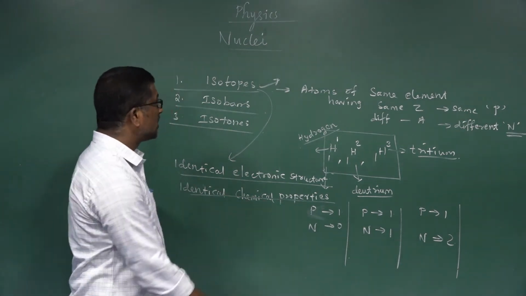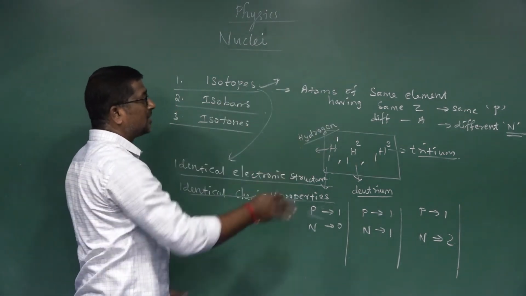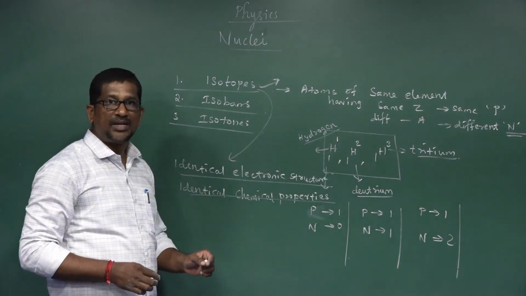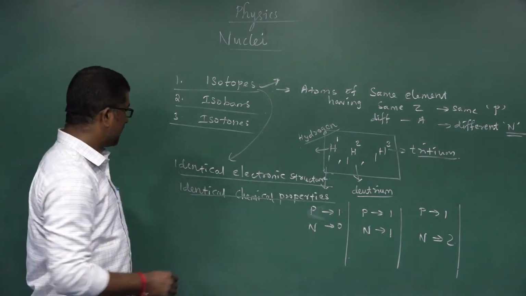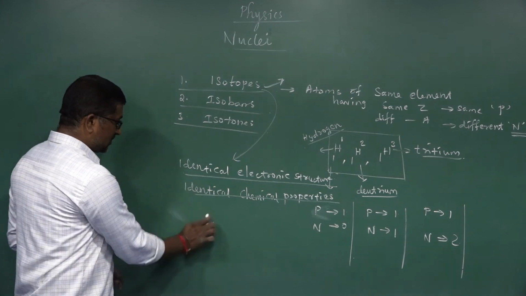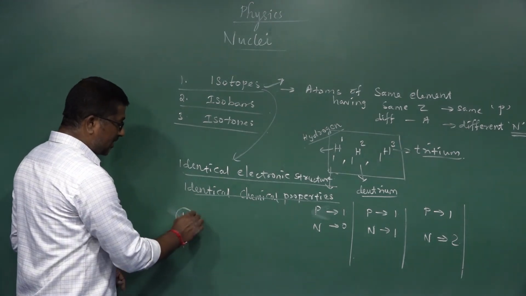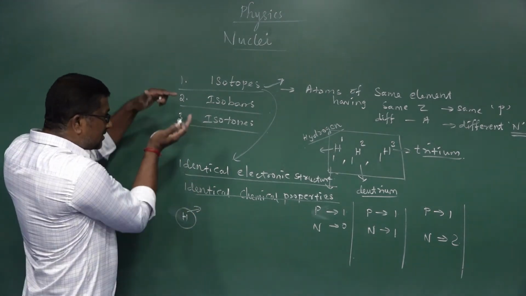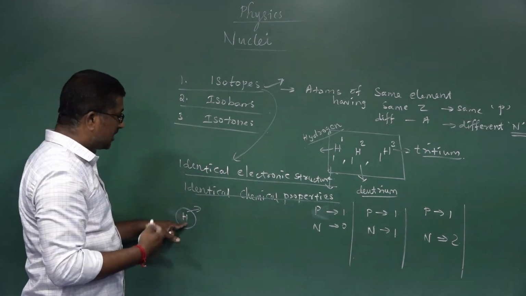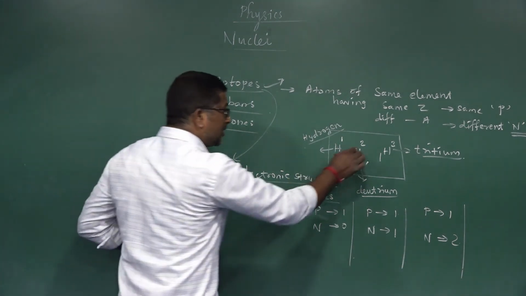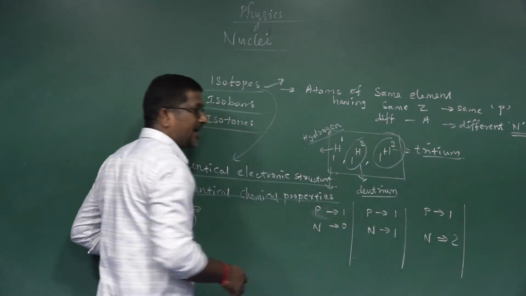And one more thing, the isotopic elements are located in the periodic table in the same location. In the periodic table, hydrogen is at the top, where the deuteron and the triton are also there.